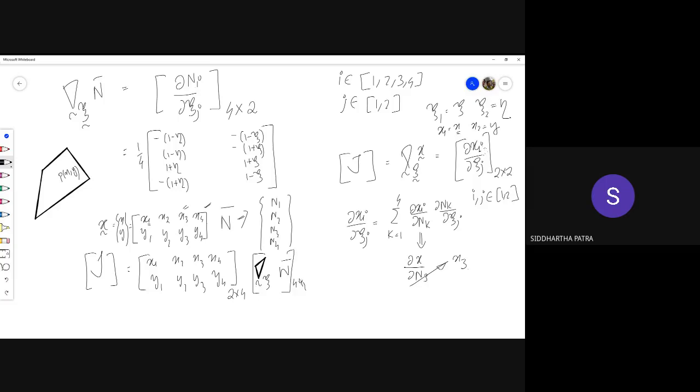Okay, so ultimately it is going to be your Jacobian. So can you get the expression for the Jacobian?